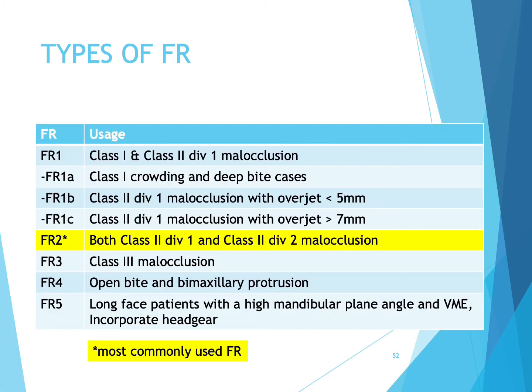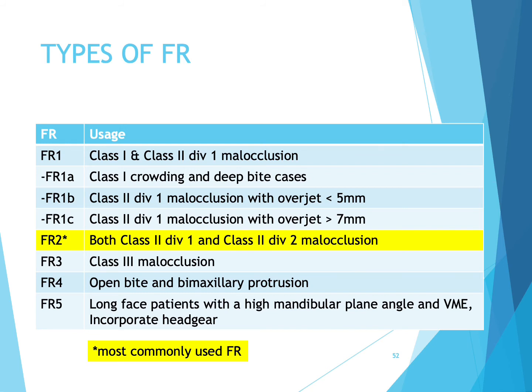Okay, now for the types of functional regulators, or FR. There are 5 types of FR, which are FR1, 2, 3, 4, and 5. FR1 is used for treatment of Class 1 and Class 2 Division 1 malocclusion. FR1 is divided into 3 types. FR1A is used for Class 1 malocclusion where there is minor to moderate crowding.